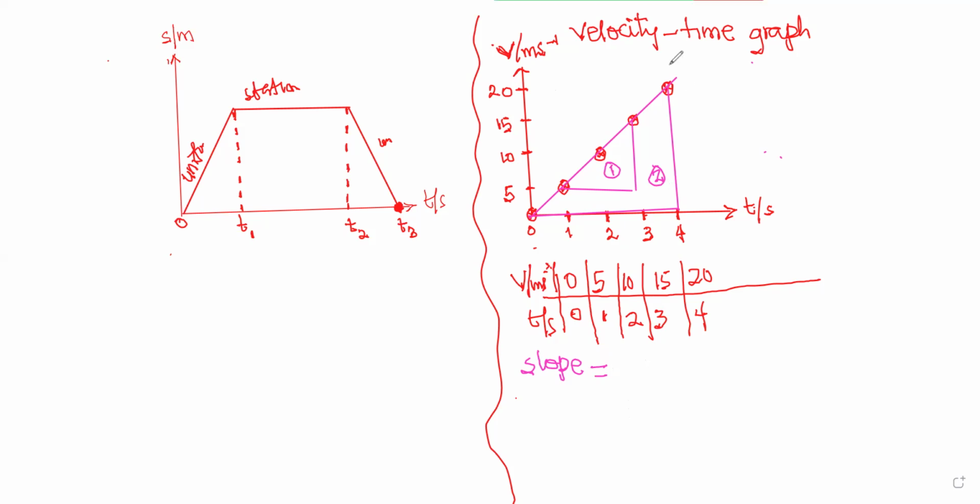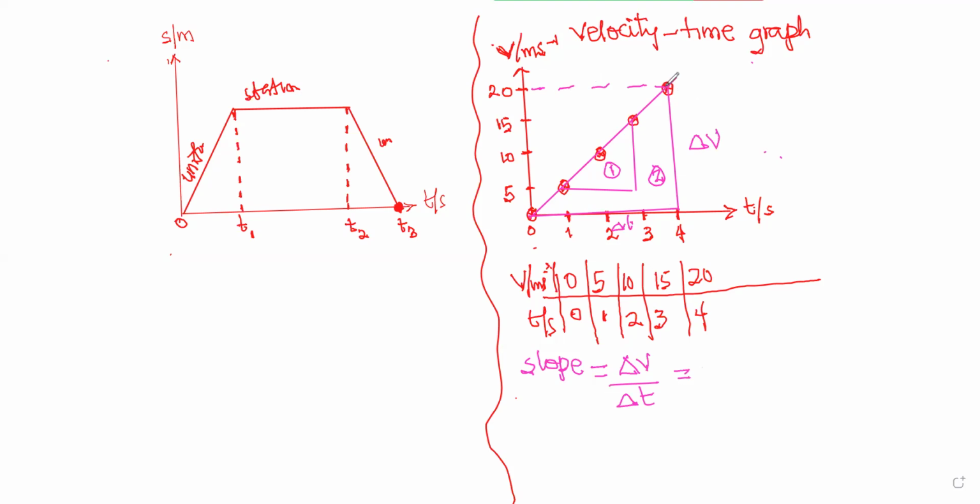For 2, our vertical, so this is delta V on delta T. Okay, so slope will be change in the vertical divided by change in the horizontal.